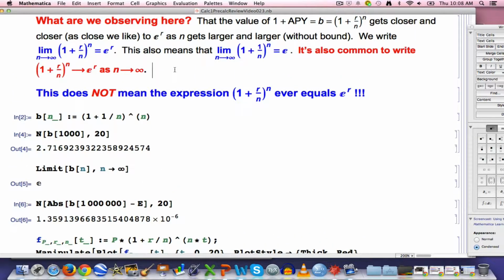Let's elaborate on what that means up here. Let's write it out with mathematical notation.